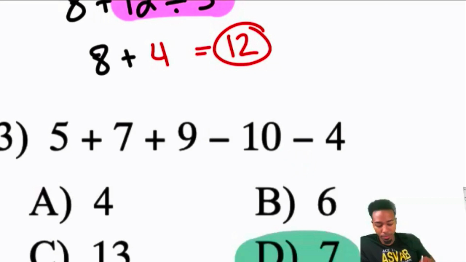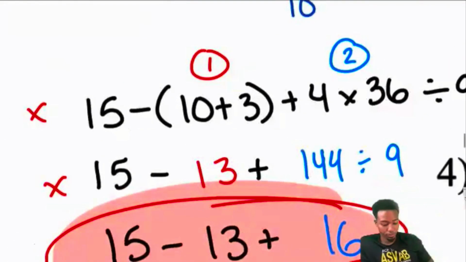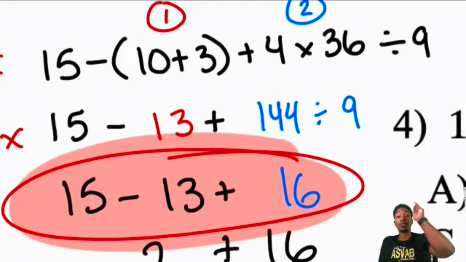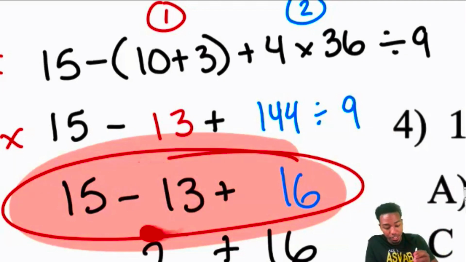That's why with number 4, I got confused at the very end when we got 15 minus 3 plus 16, because I was looking at it as doing technically negative 13 plus 16 first. But stop right there. If you looked at it as negative 13 plus 16, you're still correct because you would have gotten positive 3, and then 15 plus 3 is 18.